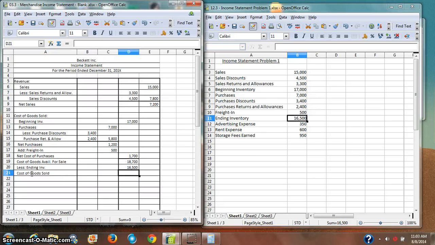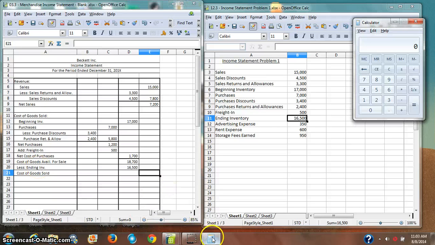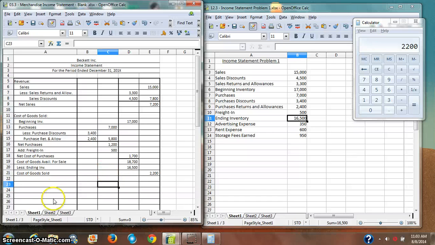This is how much the stuff that I sold actually cost. And to get this number, I take the 18,700 and I subtract the 16,500. It's 2,200. That's how much stuff that I sold this period cost. And now I can figure my gross profit.